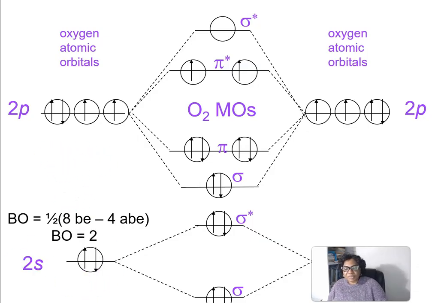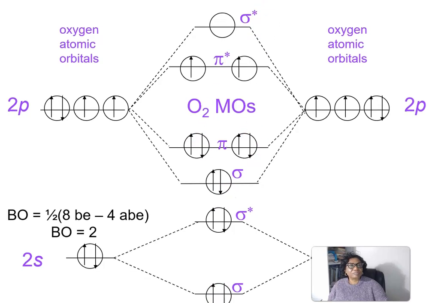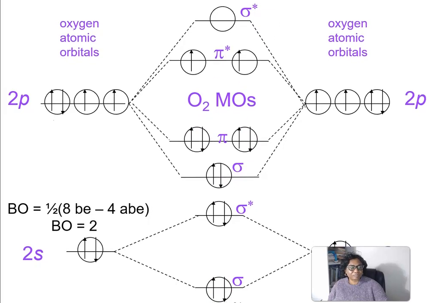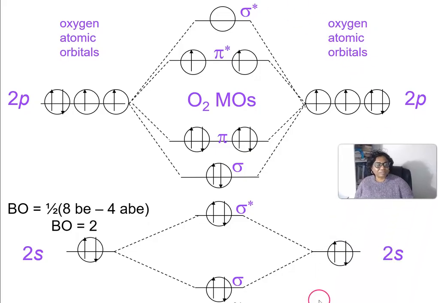So let's start filling the electrons. We put 2 here, 2 here, 4. We put 2 here, 6.